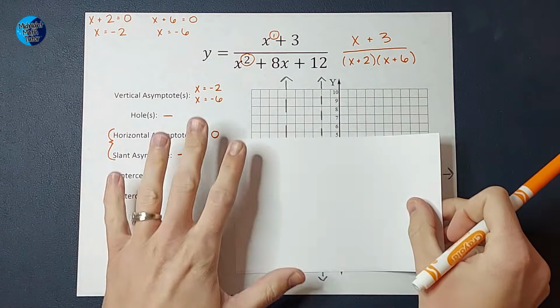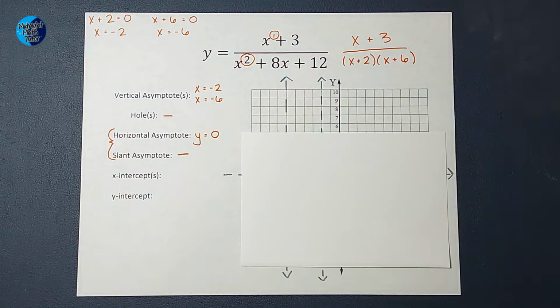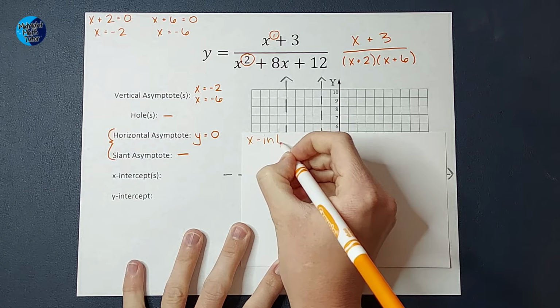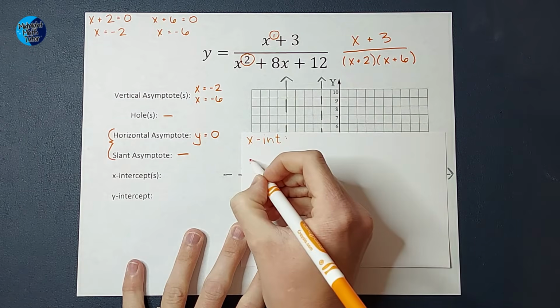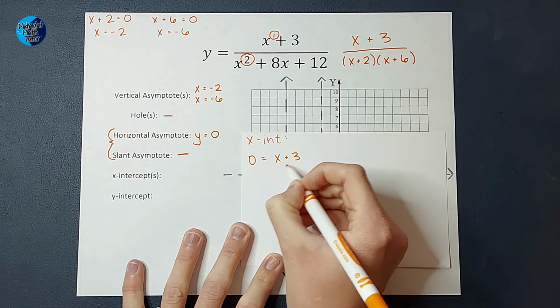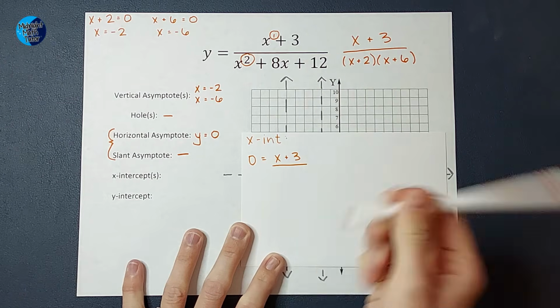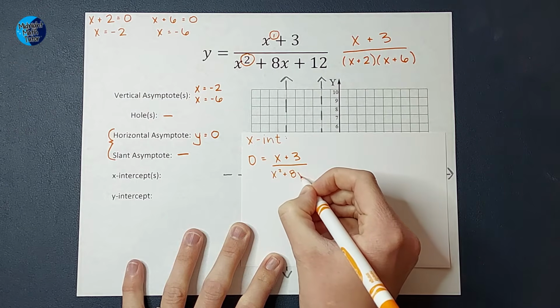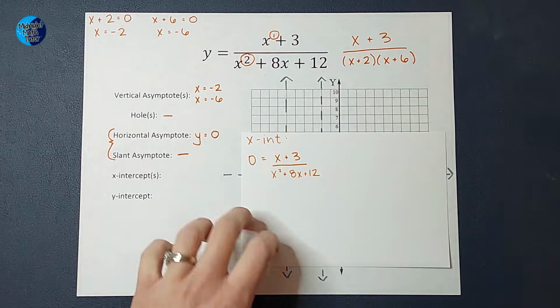Okay, so to find our x-intercept or intercepts, there could be more than one, I am going to set y equal to 0. So I'm going to have 0 equals x plus 3 over x squared plus 8x plus 12.